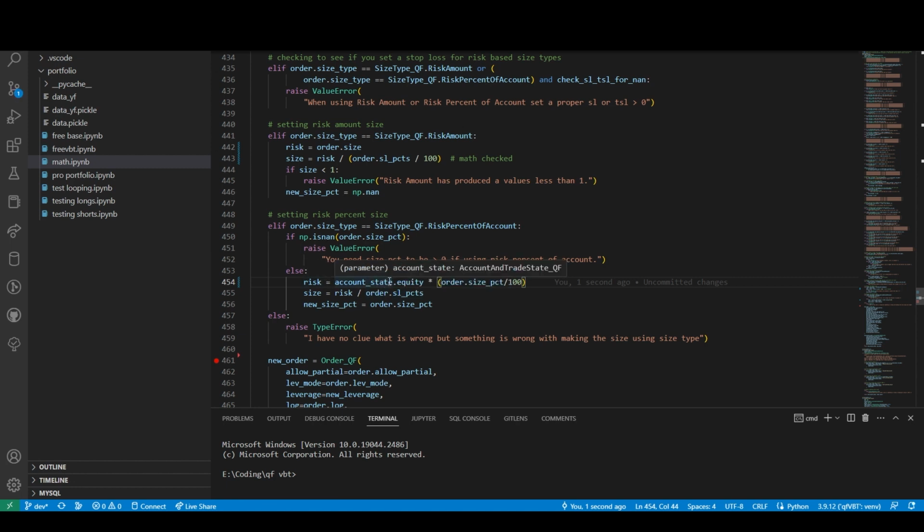What risk is this? How could I forget it? Risk divided by 1. How did I forget this?